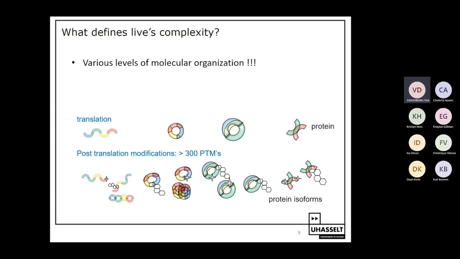So these linear molecules will start folding and adhere to the principle of maximum energy, minimal entropy. So they will fold into proteins, and then they will be matured, dressed with some functional groups so that they become functional proteins.